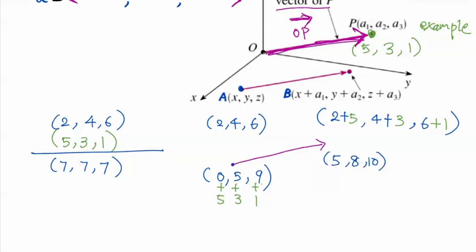This vector starting from this point and ending at this point is equivalent to the one you started with. So you can pick any initial point. It doesn't have to start from the origin. To get an equivalent vector, you just add each component to get the ending point.